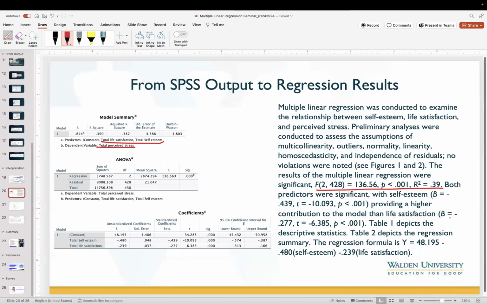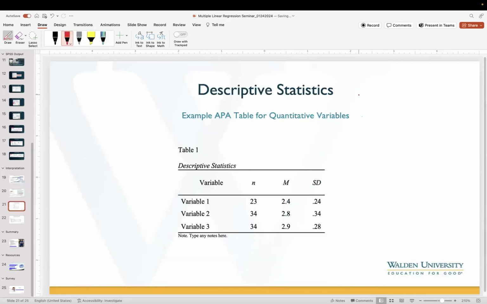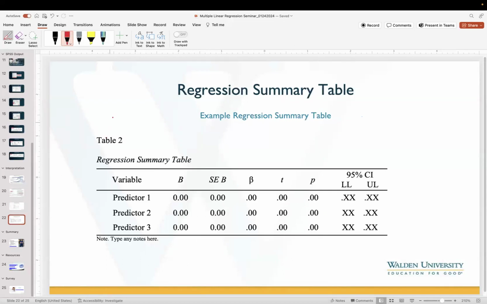And the other thing is that you can do tables and figures in your output. And I just have an example of a descriptive statistics table. You know, the variables here, the n, the mean, and the standard deviation. And then you'll always have a regression summary table in your output. And notice these are the same components that are in the SPSS output. Remember? You simply just have to make this an APA table and then just transpose the numbers from the output to your table.